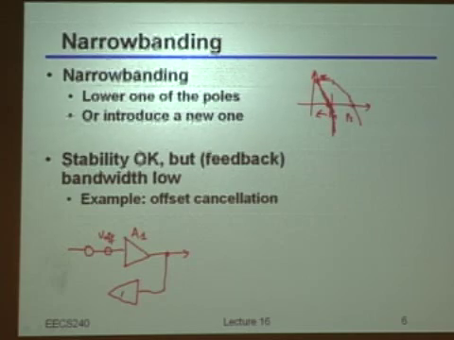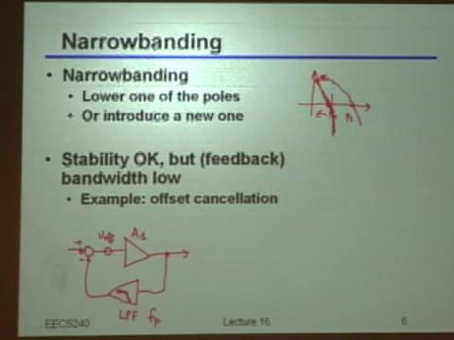So let's assume this is basically a low-pass filter with a very small pole, FP, and basically I have a negative feedback here. I connect it in negative feedback with the source, with the input.